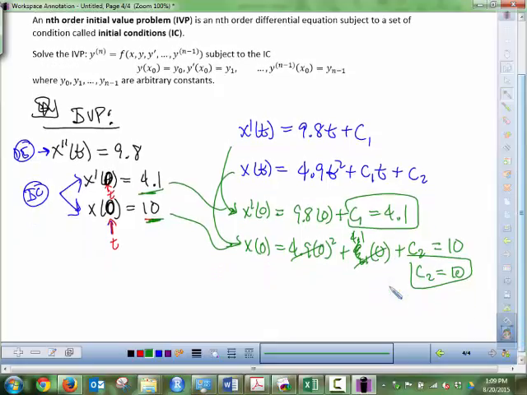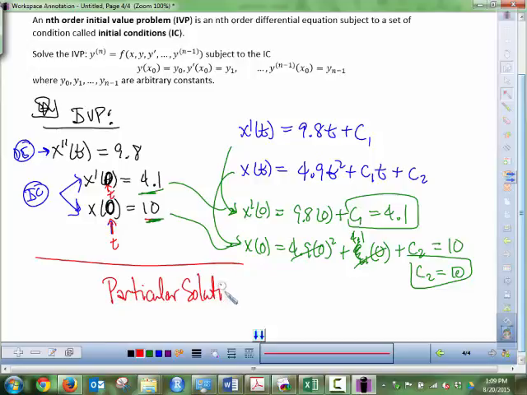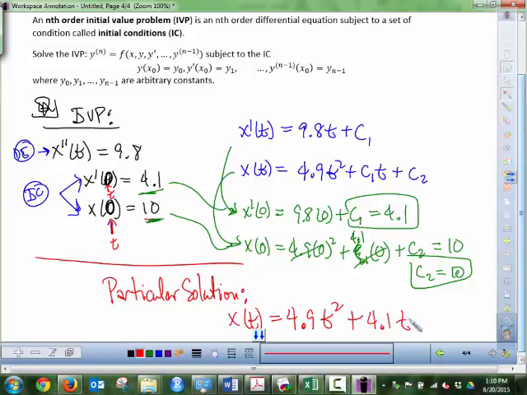So it looks like I have a particular solution. The particular solution is x of t is equal to 4.9 t squared plus C1, which we found to be 4.1, plus C2, which we found to be 10.